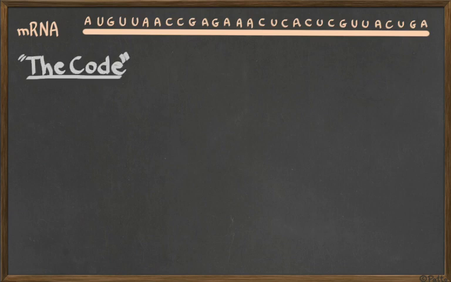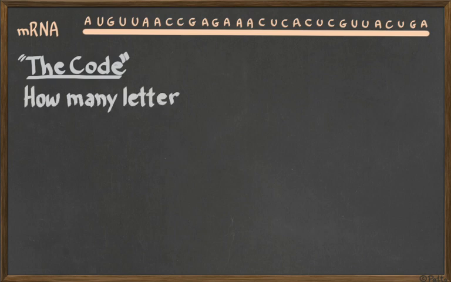So the first thing, for us to understand the genetic code, is how many letters are going to be necessary to produce something that says this amino acid or that amino acid or that other amino acid. So let's start thinking about one-letter words.